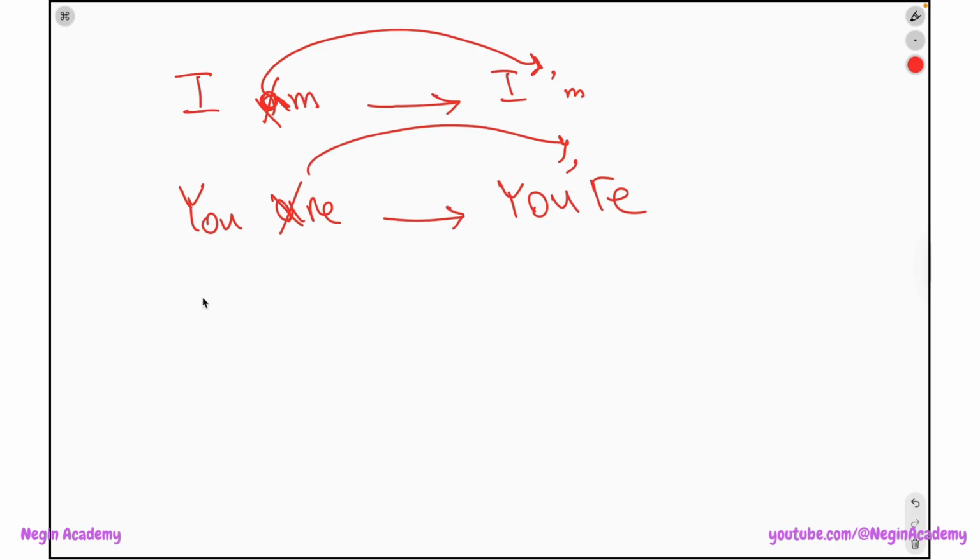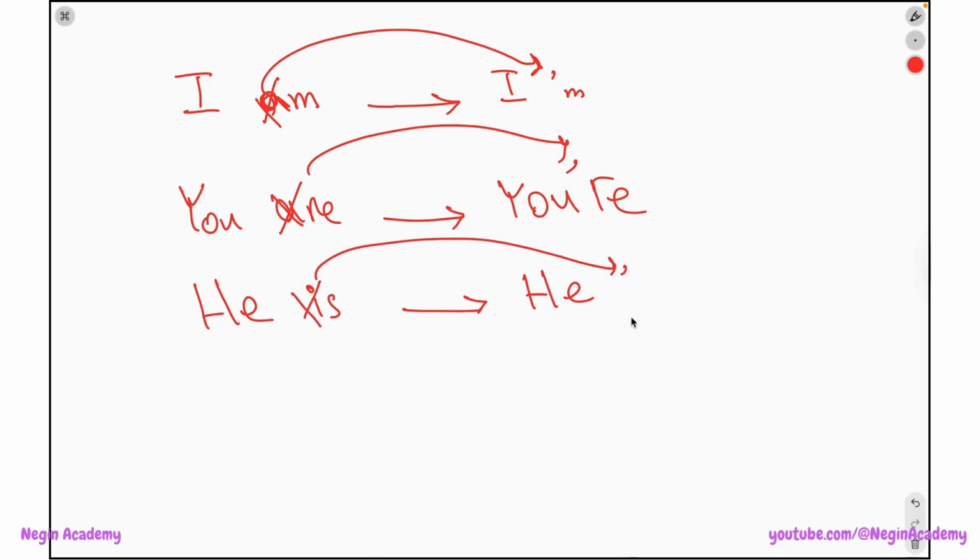Next one is he. Here we have the he and to be verb. He is. How should we contract this one? Super easy. Like the other, we have to omit the vowel and change it to this one and only S. He's. And for she and for it, the formula is the same.